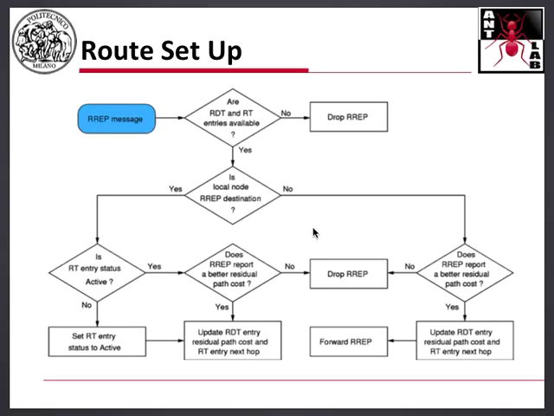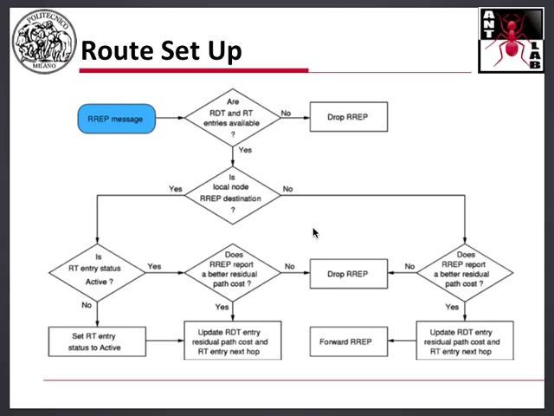Okay. So the test it performs is whether the local node is the destination of the route reply, meaning that the local node is the source of the route request process. Okay.